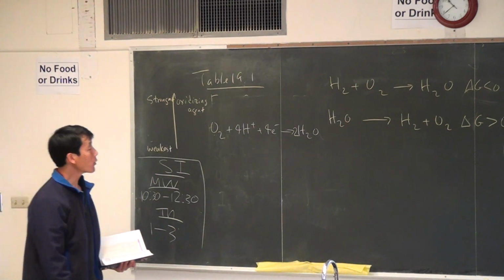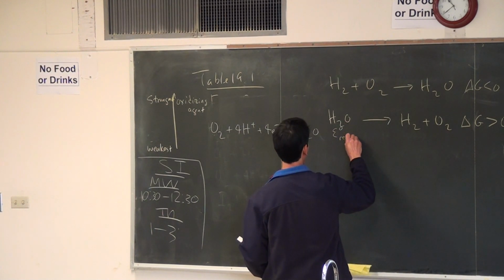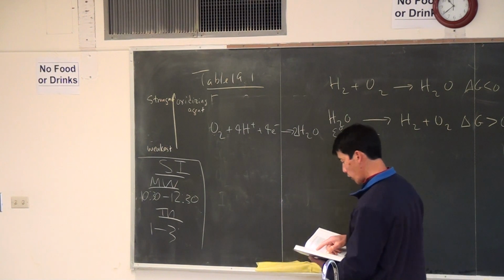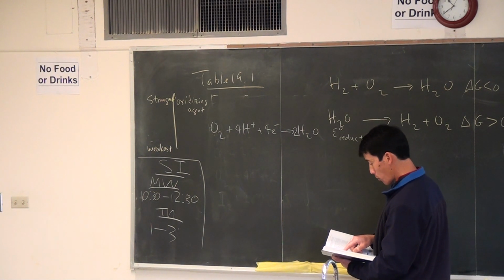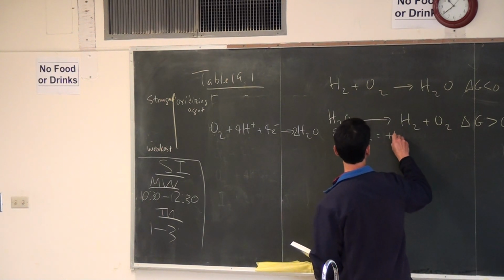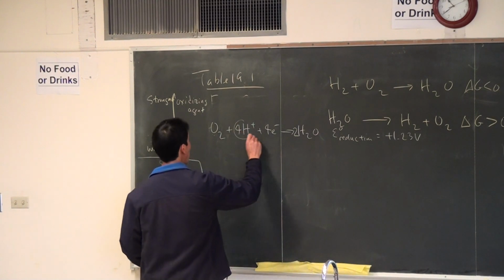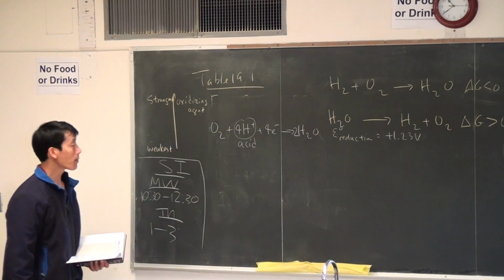The reduction potential for this reaction is equal to plus 1.23 volts. Now note that with H+, this is done in an acid solution.